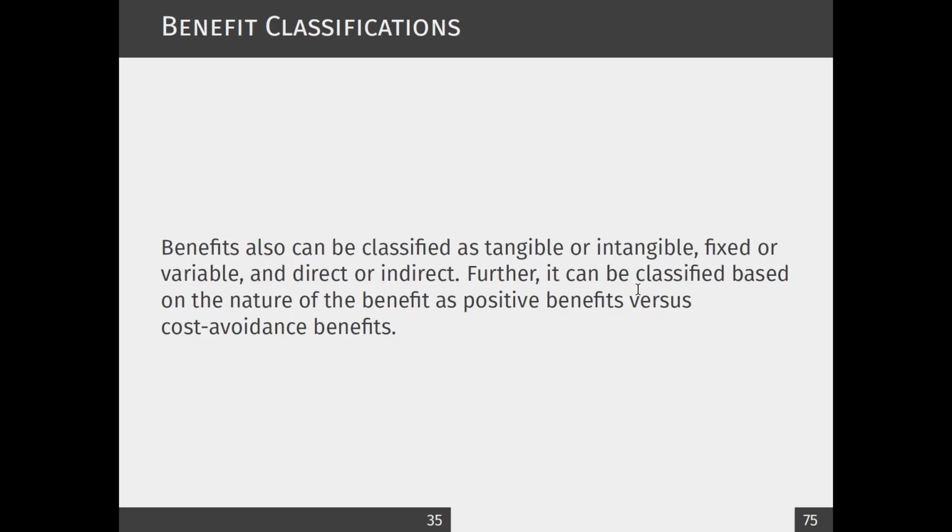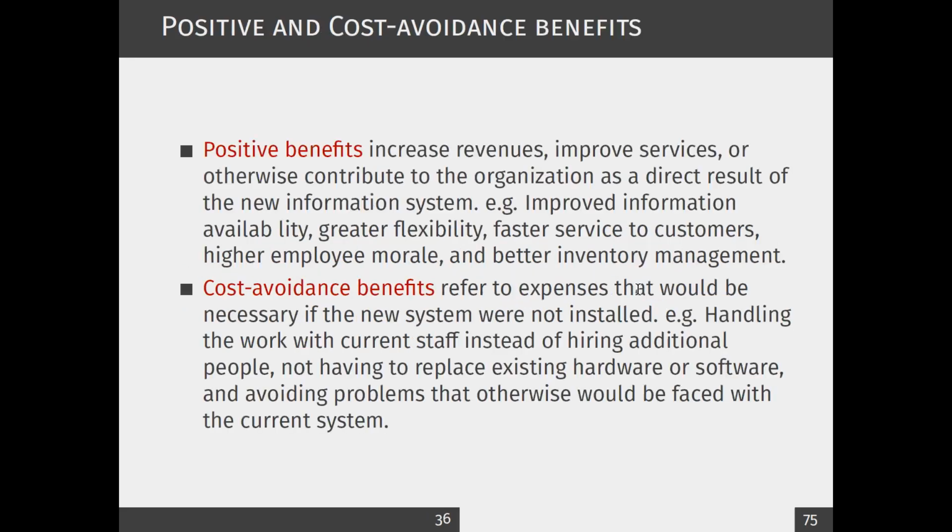Then we have benefits. When you say benefits, you can classify them as tangible or intangible, fixed or variable, direct, indirect. And it also can be based on the nature of the benefit, as a positive benefit or a cost avoiding benefit. Right. Now let's look at these two benefits. A positive benefit means it will increase the revenue, or improve the service, or contribute to the organization.